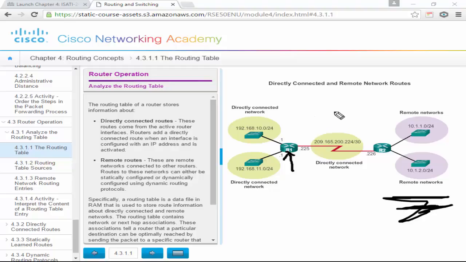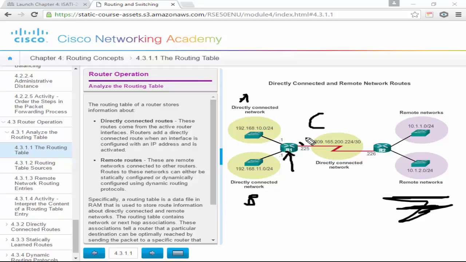And so it knows, we'll say this is A, B, C. Those all had an IP address and a subnet put into the interface. So it knows all of those networks. What it doesn't know is what it's not directly connected to. So the route's on the other side of R2. So we have to put in a static route or a remote route. We either use a static route, which is manually routing, or a dynamic route using a routing protocol.